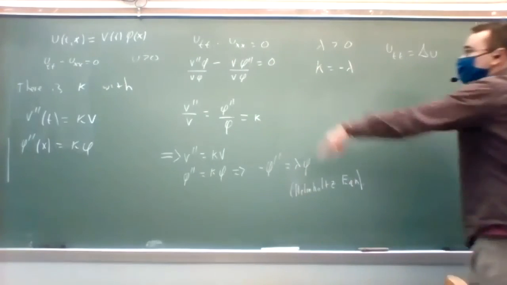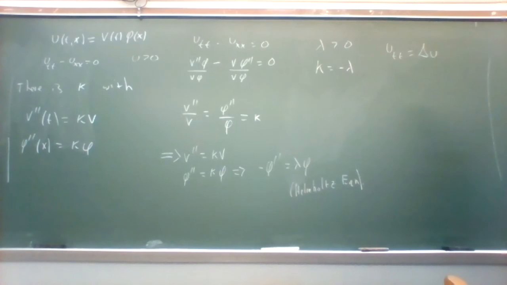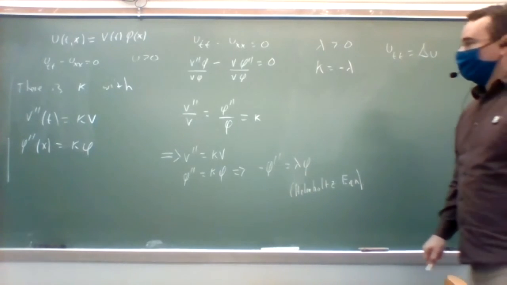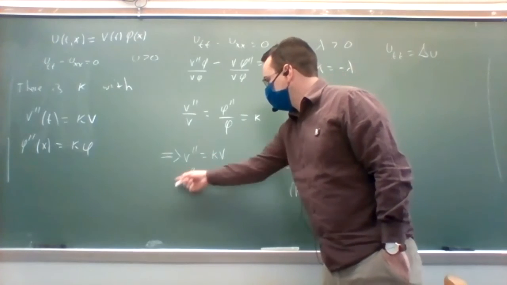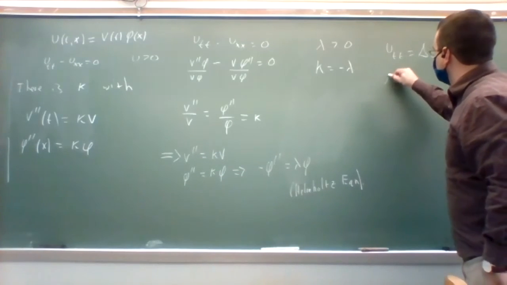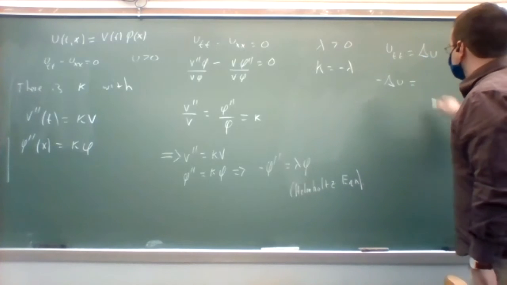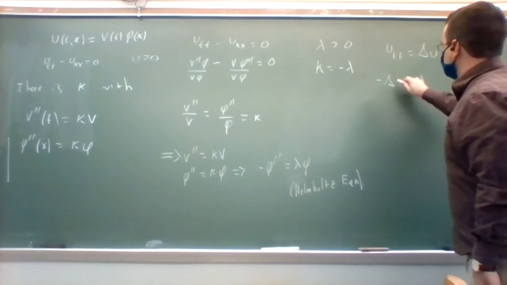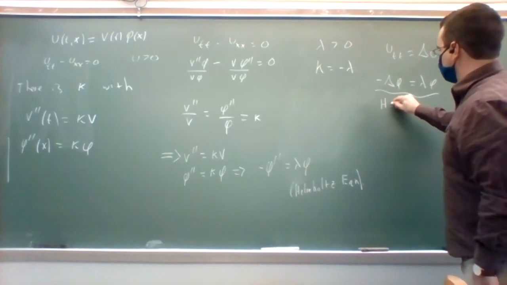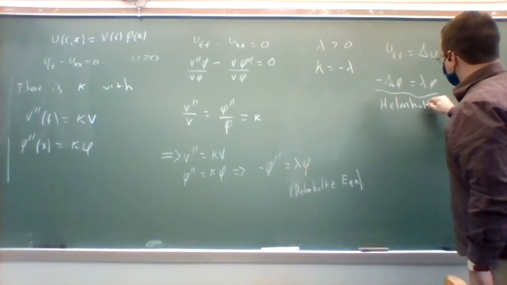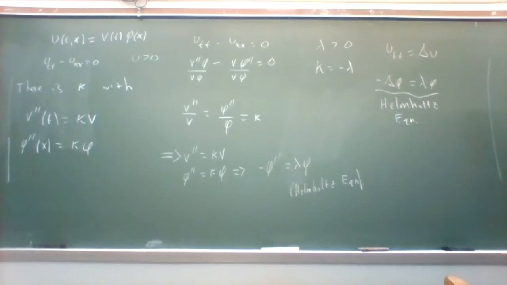And if you do the argument that I just did, with u times v, you end up with still this equation, but this one now becomes replaced with negative Laplacian phi equals lambda times phi. And this is the one that's properly called the Helmholtz equation.